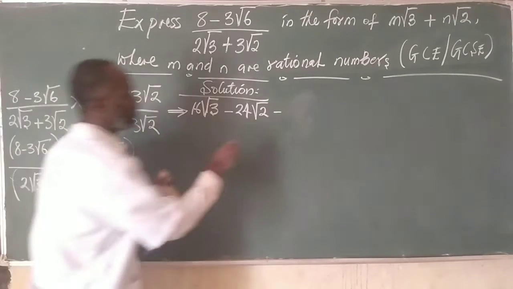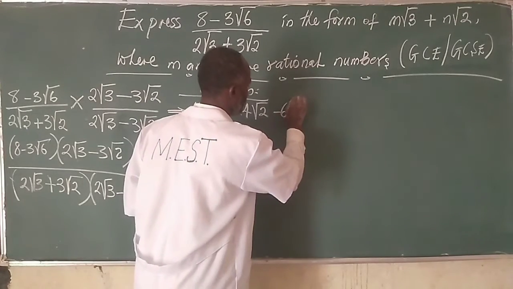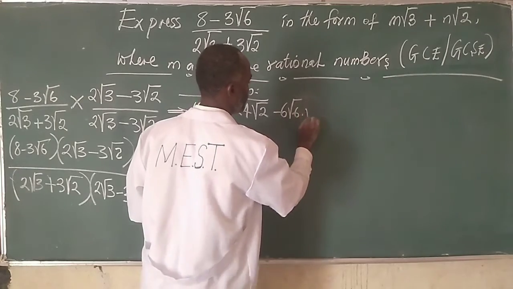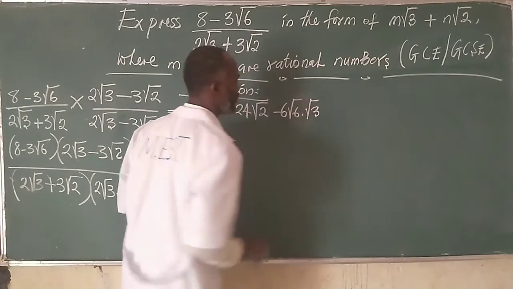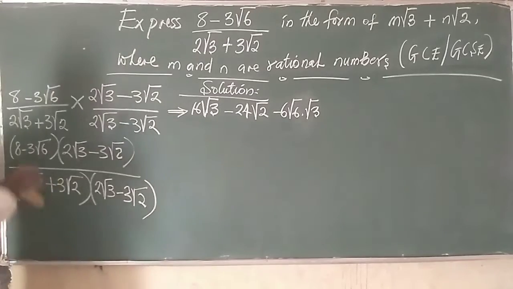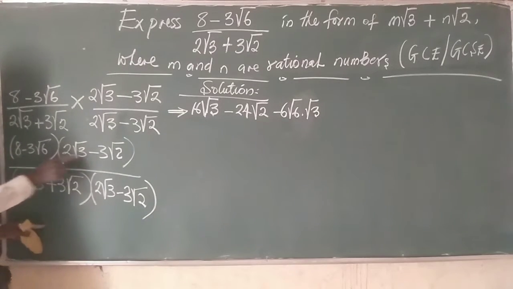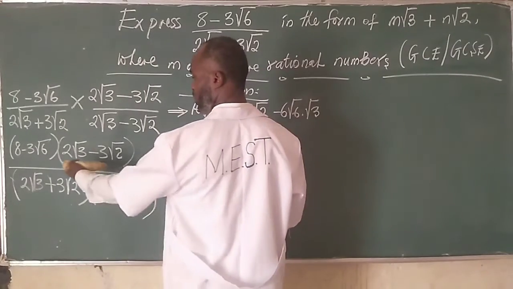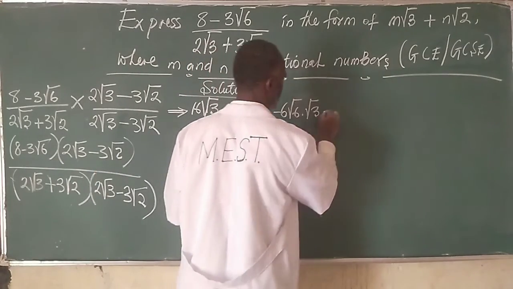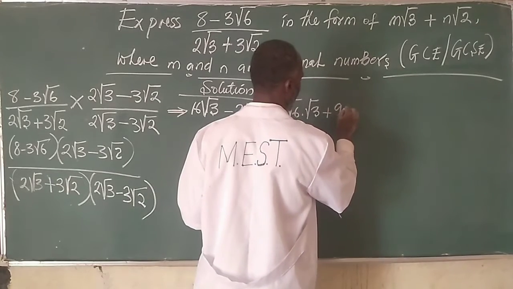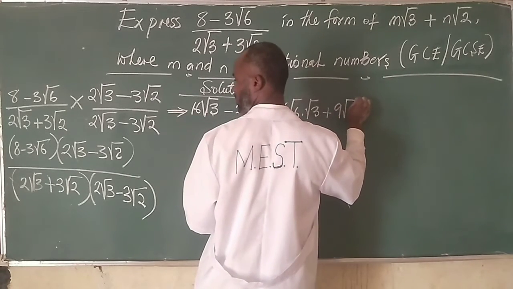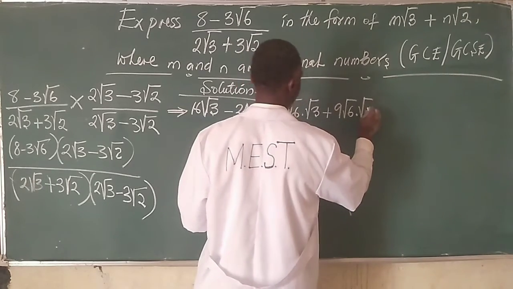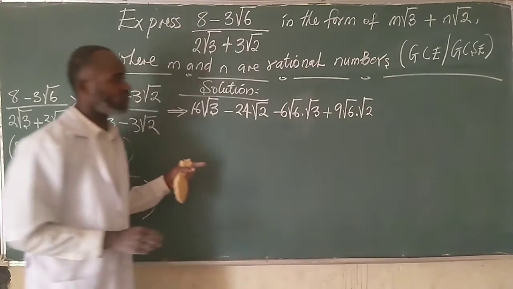It's going to be minus 6 root 3, root 6 dot root 3. So we have the first one. The second one, minus 3 root 6 times this is going to be minus 3 again, it's going to be plus 9 root 6, root 6 dot root 2. Okay, that is it. That's for the numerator.